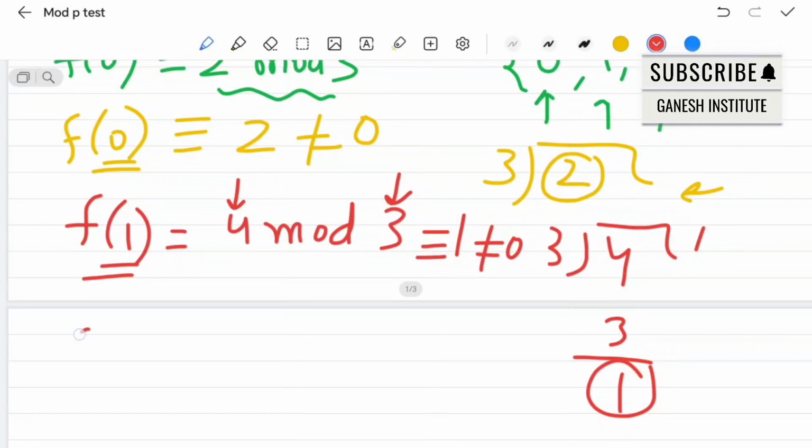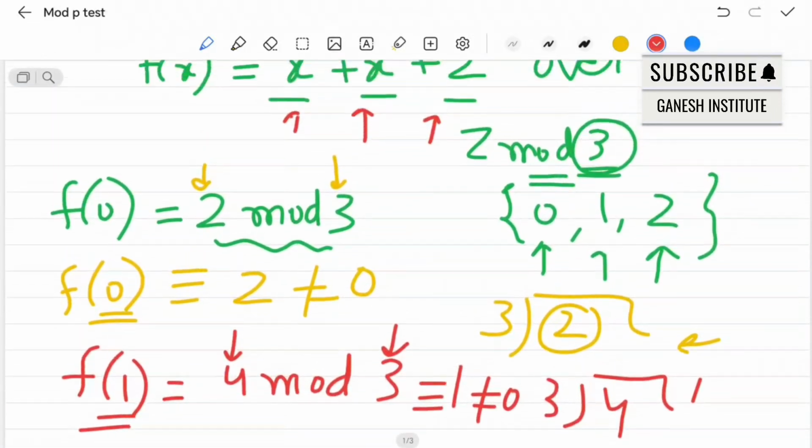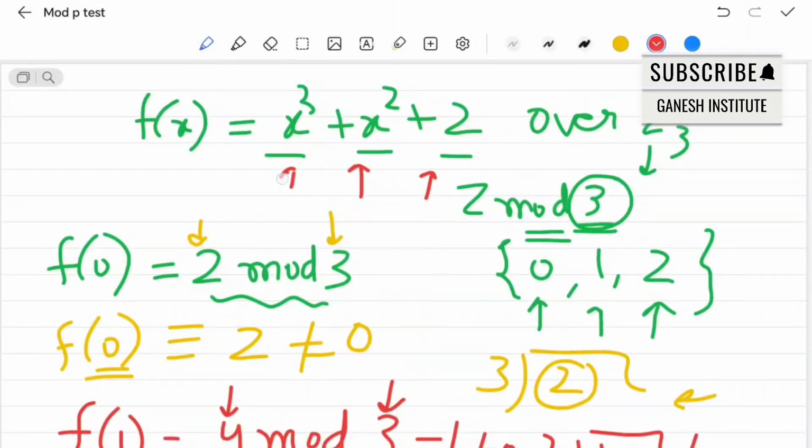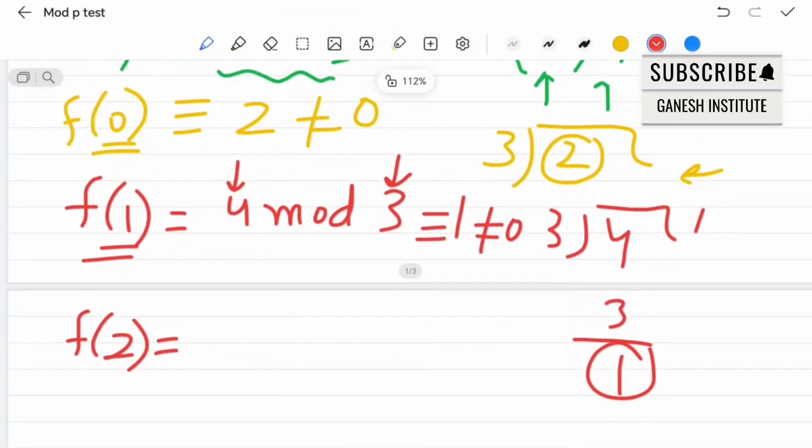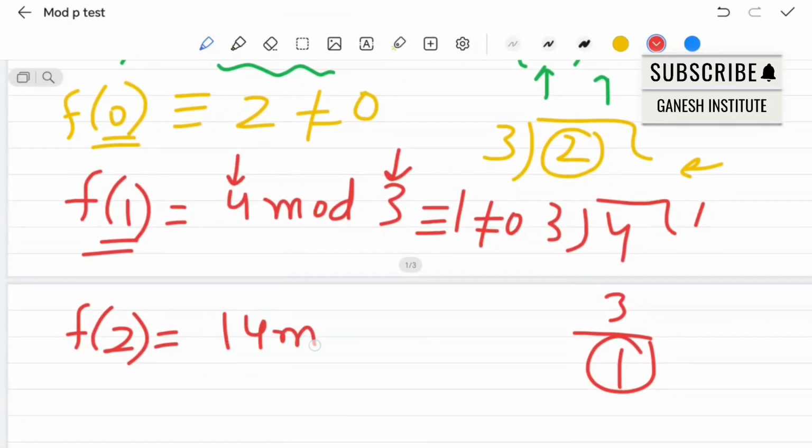Now what is next? Similarly, you can see f(2). Now for f(2), you can place the value 2. 2 cube is 8, then 2 square is 4, then 2. 8 and 4, 12, and 2, 14. So 14 modulo 3. Now again, if you divide this, 3 4s are 12, so you can see 2 is the remainder.